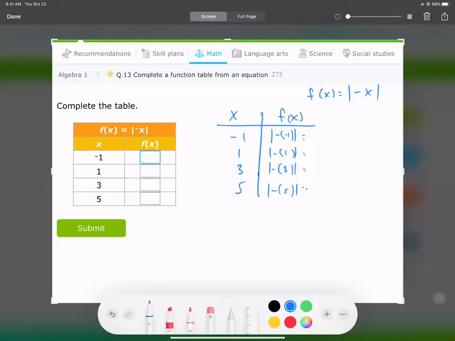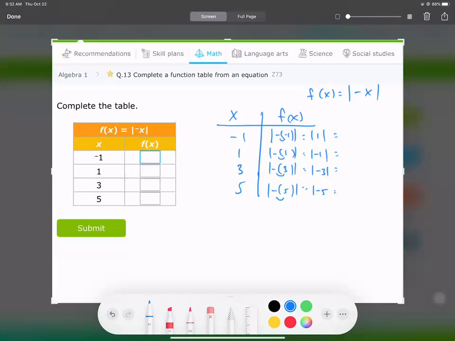To show work, negative and negative is a +1. Negative and a positive is a -1. Negative and a positive is a -3. Negative and a positive is a -5. Look how much work I'm showing to do this very simple idea.